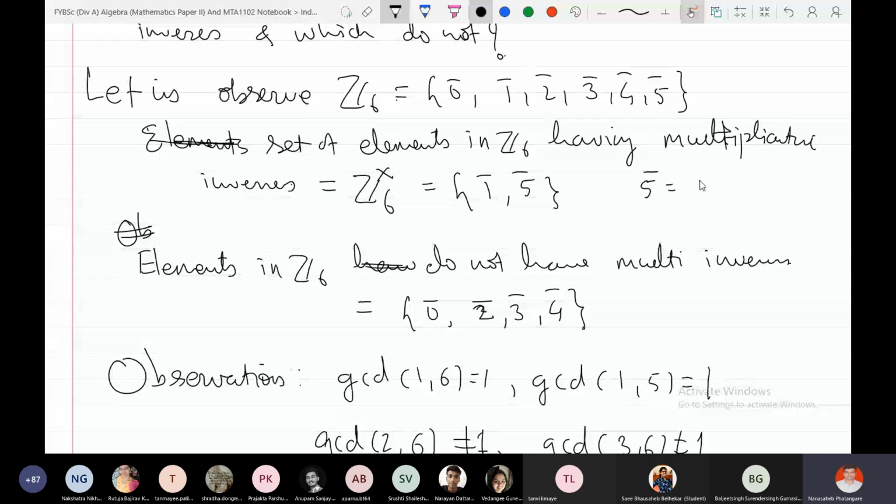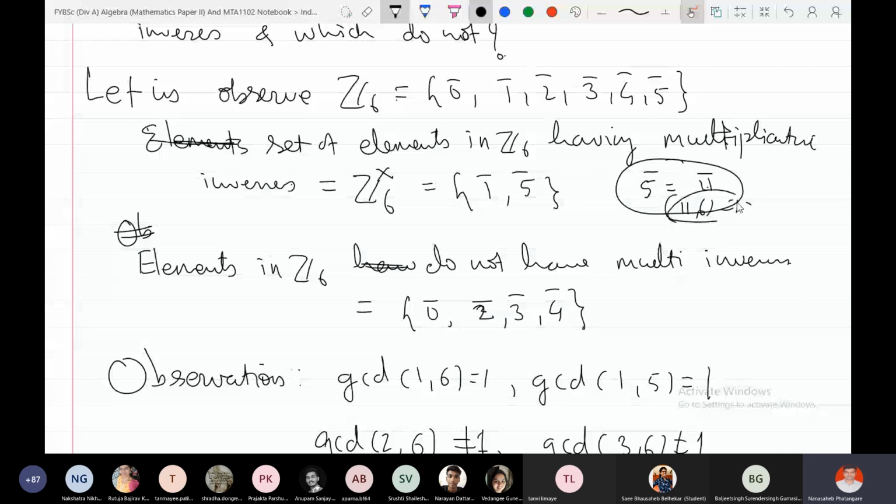Am I right? In Z6, 5 bar is the same as 11 bar. Yes. And GCD of 11 with 6 is also 1. Therefore, no matter what representative you select.